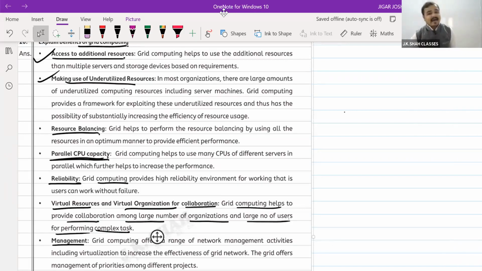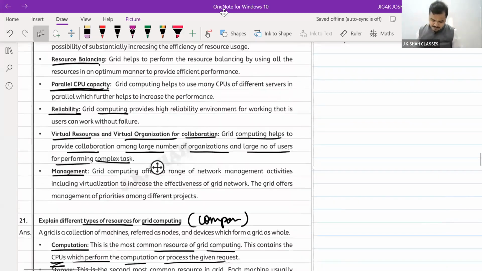Number four, parallel CPU capacity. Number five, reliability. Number six, virtual resources and virtual organization for collaboration. And last one, management.